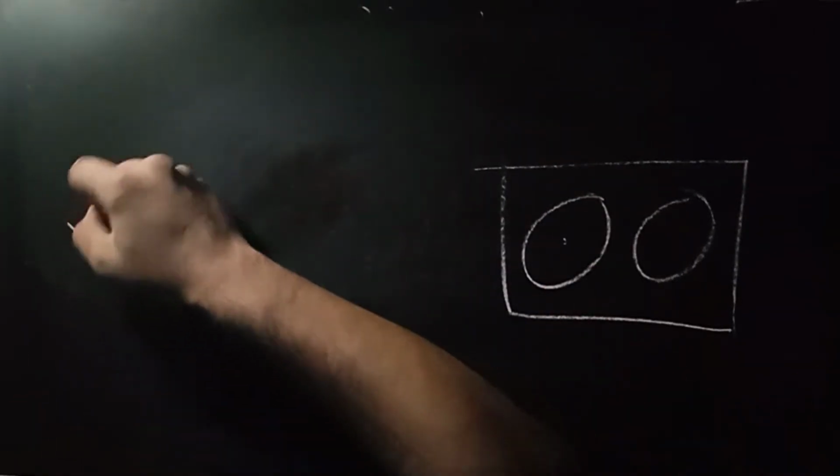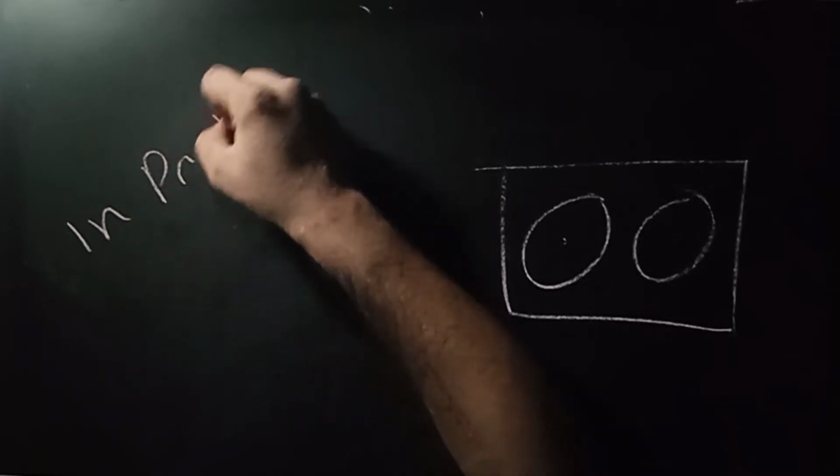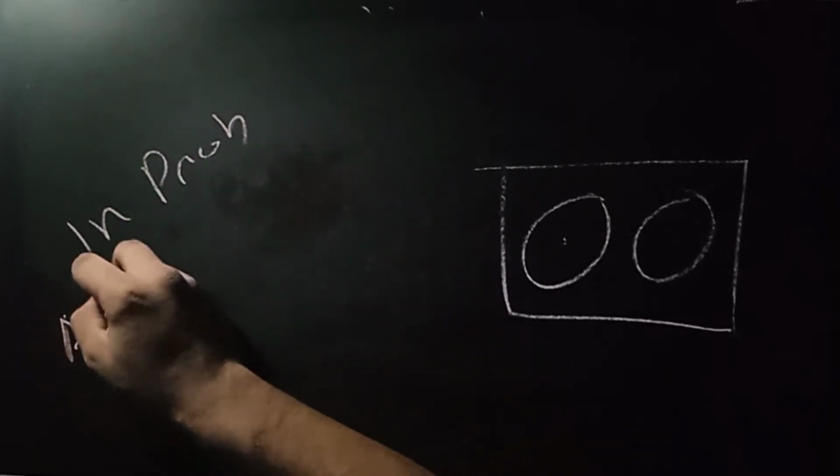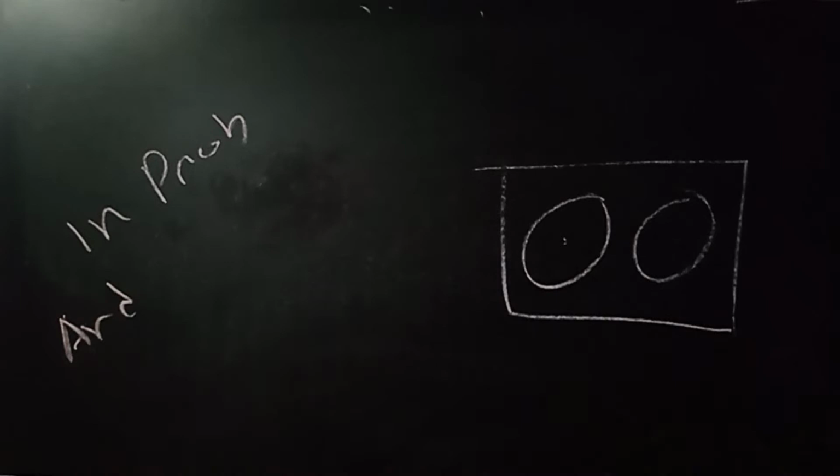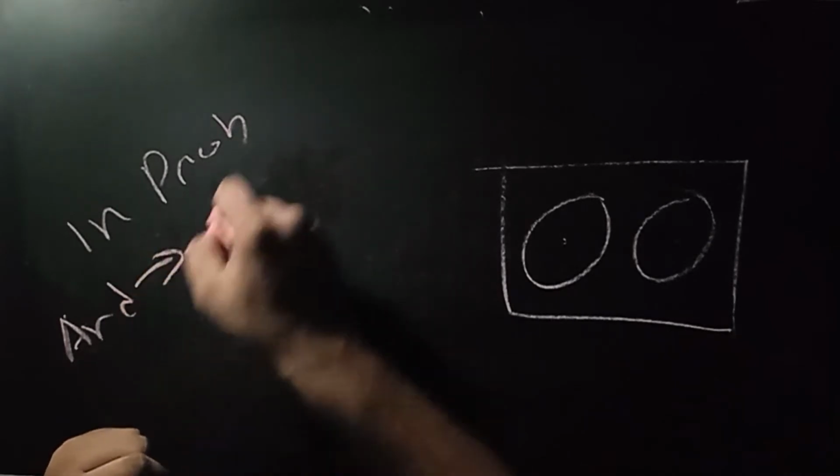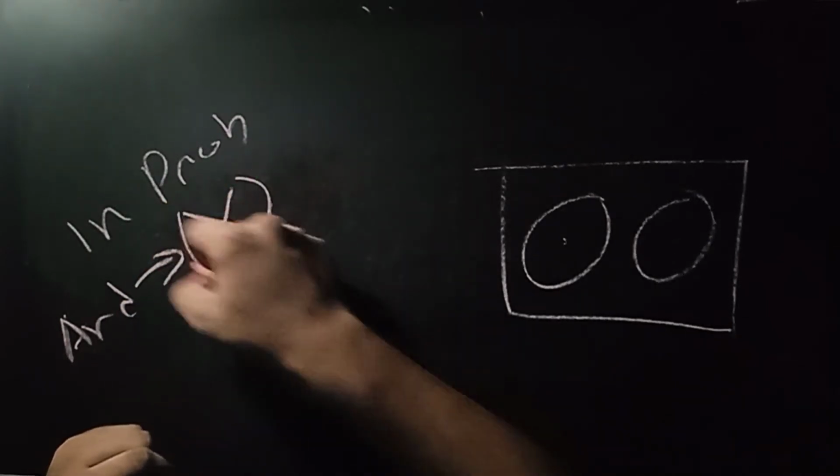So basically in that case, and always remember, in probability, whenever and is there, like this and this, there will always be some sort of multiplication.